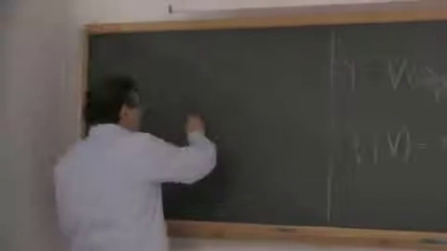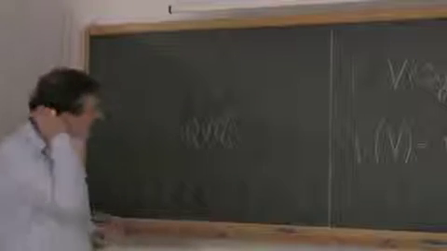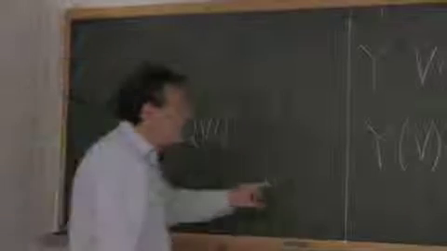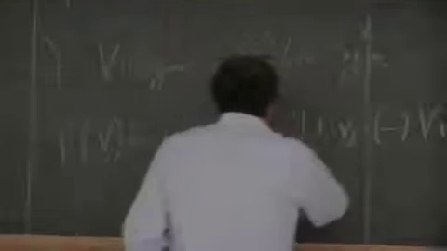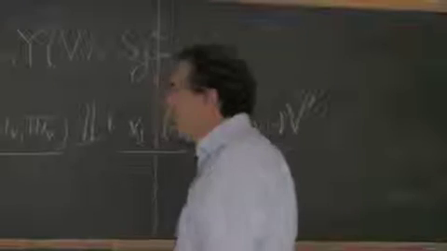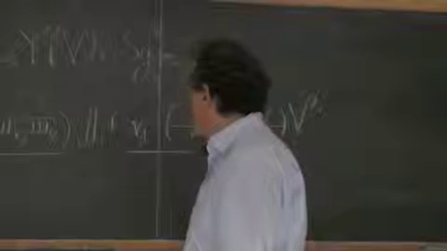Okay, so if we consider Q V Q transposed, this animal remains unchanged, this animal remains unchanged, this animal remains unchanged, okay?